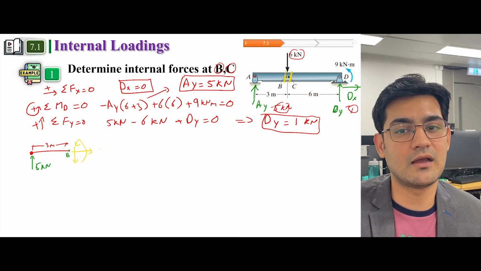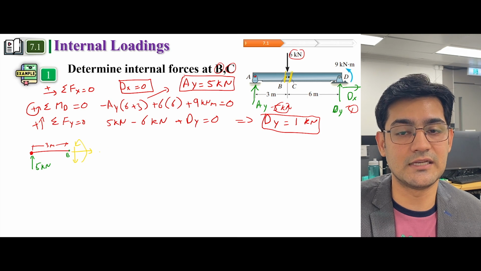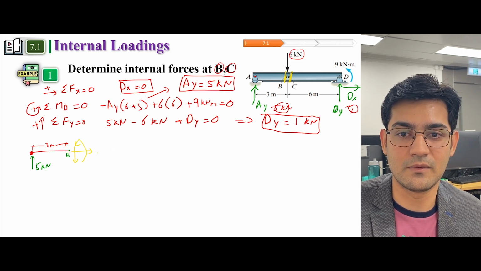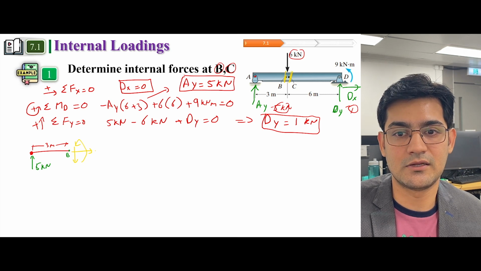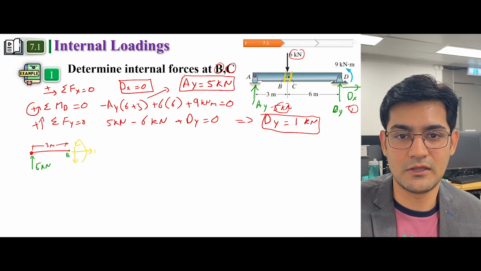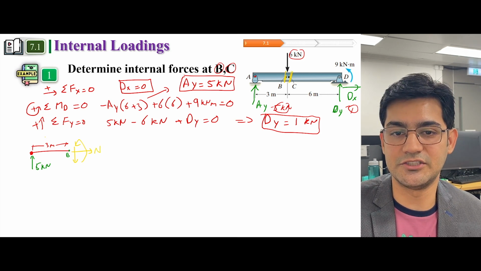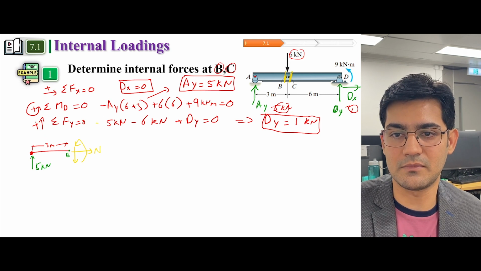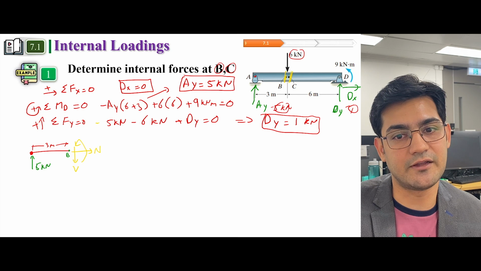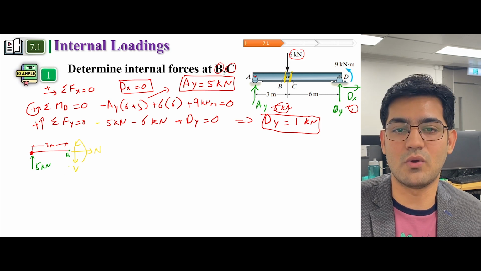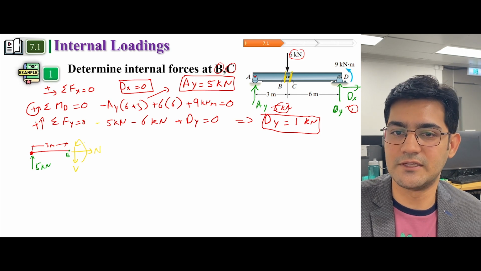Remember, I'm considering all these conventions as positive. According to the sign convention we studied before, this is the normal force, I will call it N, and it is positive because it is creating tension in the structural member. And this is a shear force, which is also positive because it's rotating the beam clockwise.